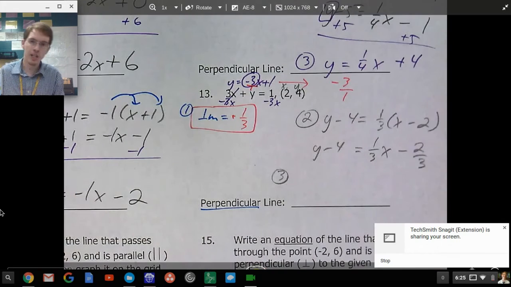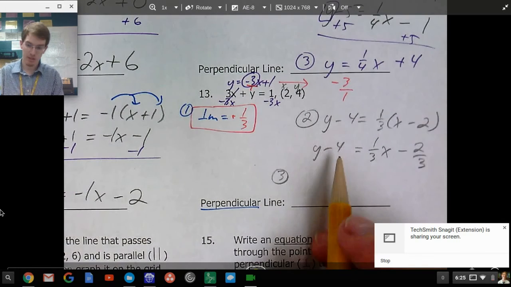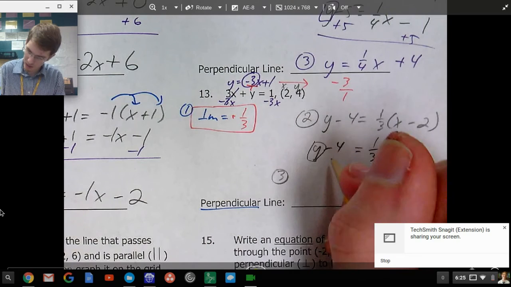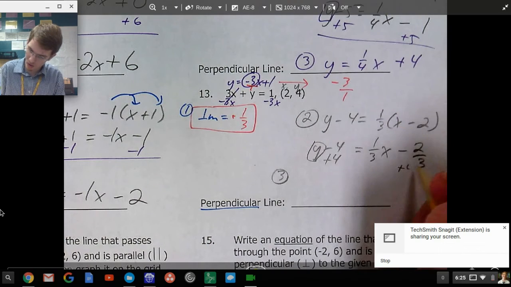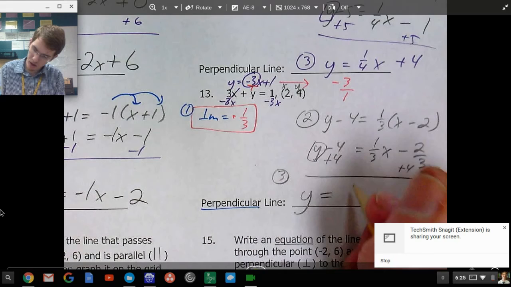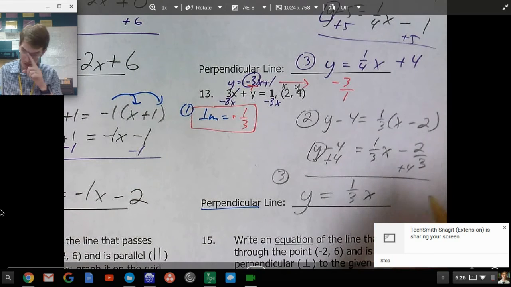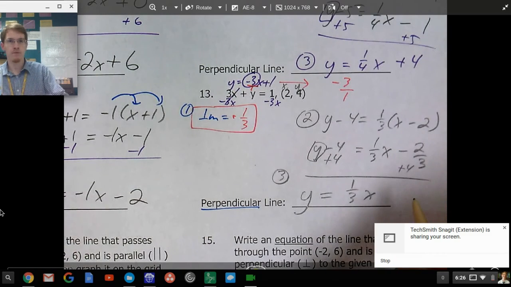Now for my third step, my final trick, I want to get y by itself. Just like we've had on every one of these, we need to add 4. So y equals 1/3 x negative 2/3 plus 4.